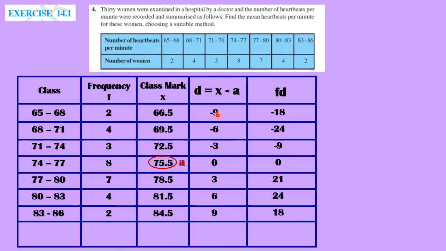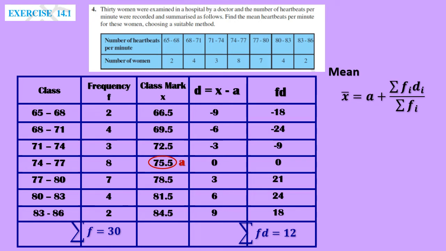Then we found the difference of each one, 66.5 minus 75.5, like that each difference. Now F into D, so that value also we got. Now what do we have to do? We have to find the sum. So now we have to apply this in the formula.